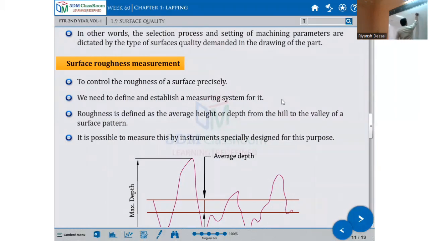Just measure the difference. Take some simple example.